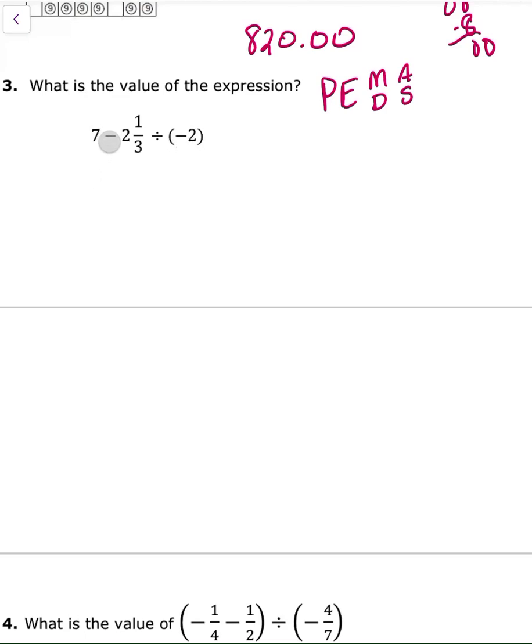So I look and I say, okay, I've got subtraction and I've got division. Subtraction and division. Do I subtract first or do I divide first? Yeah, we divide first, right? So we are going to take the 2 1/3 and divide it by negative 2. I'm going to go ahead and bring that over here.